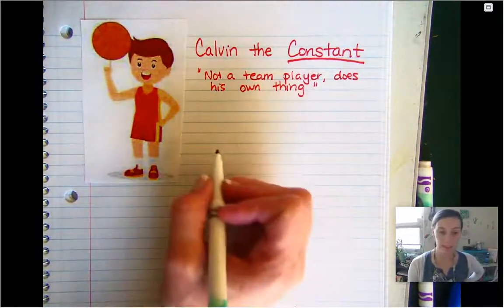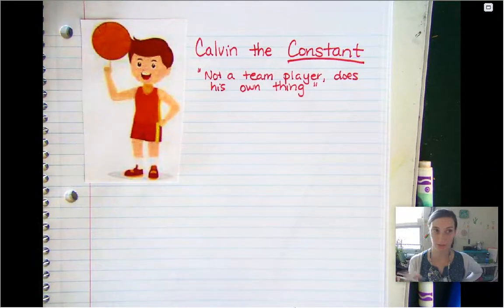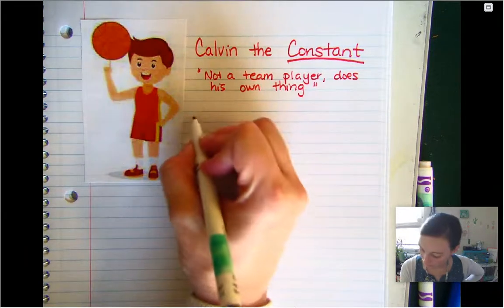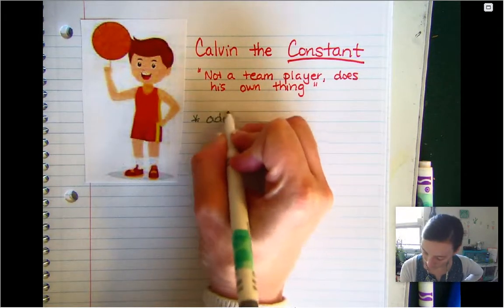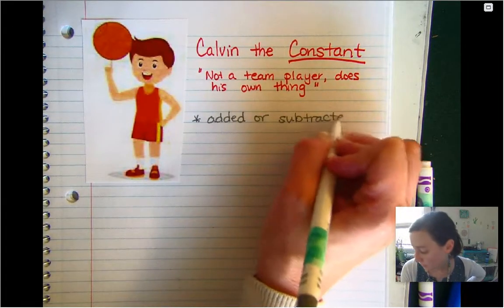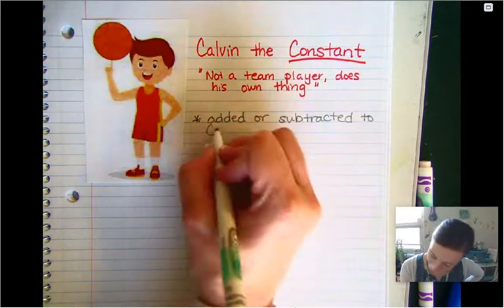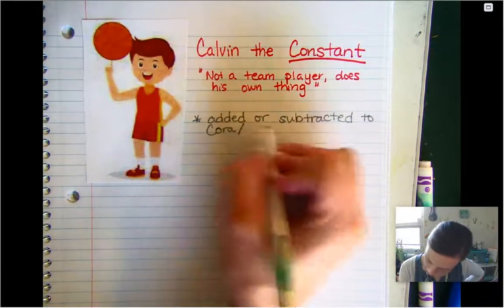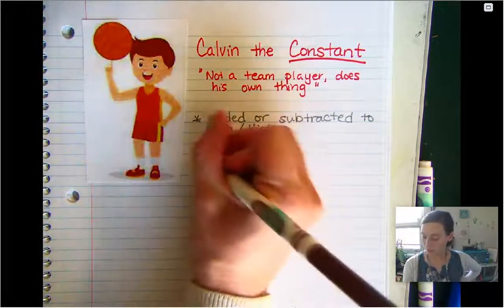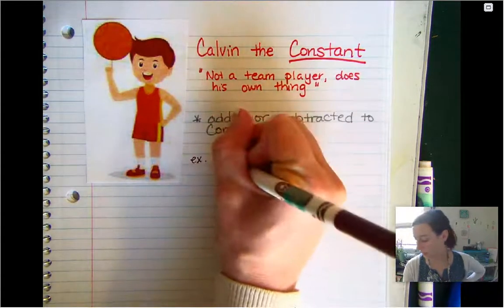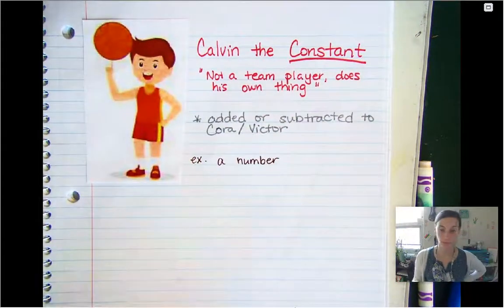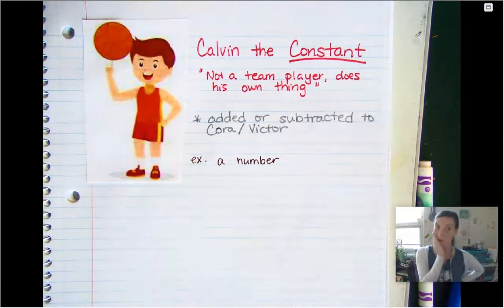He is a number that is either added or subtracted from Victor and Cora. And he is always a number that doesn't change, even when you change the number. So it stays the same.